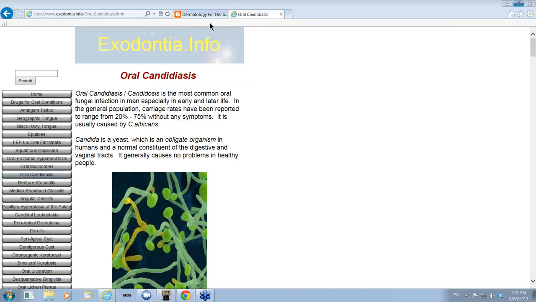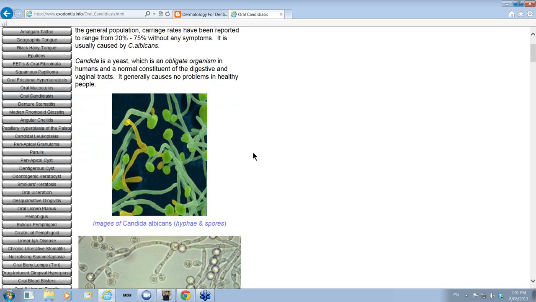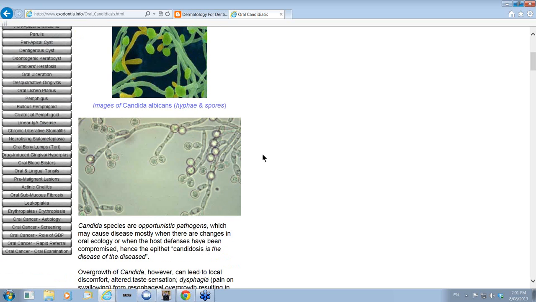Exodontia. You can see this is a section in here on Candida. It shows you some pictures of the budding yeast-like organism. This is just a KOH picture here.